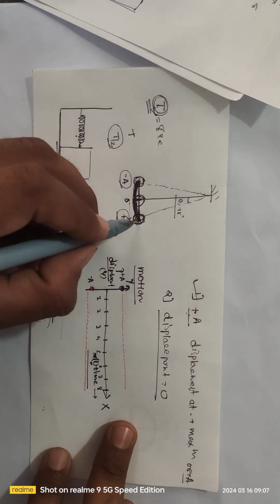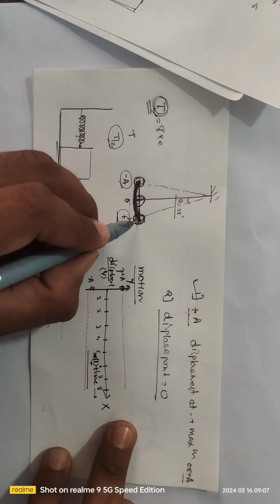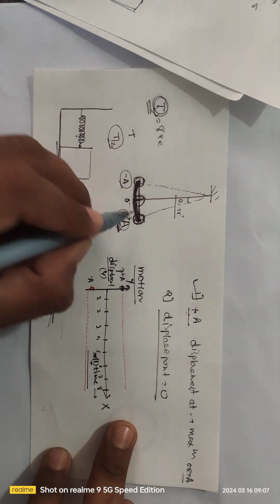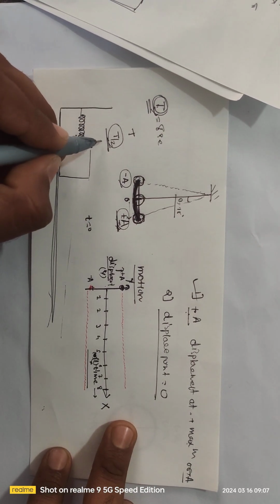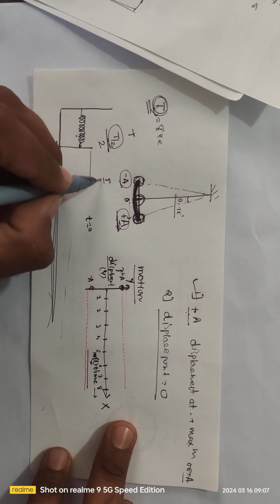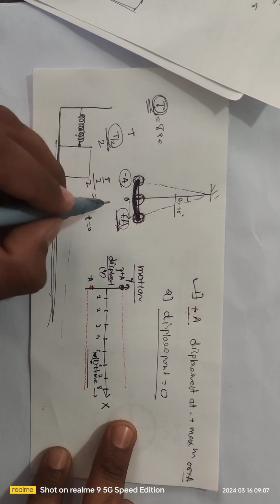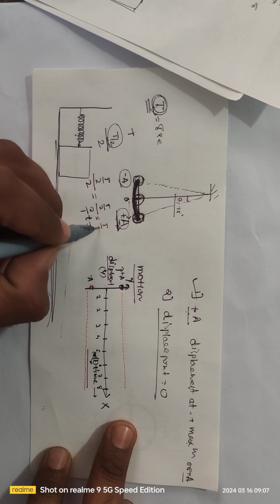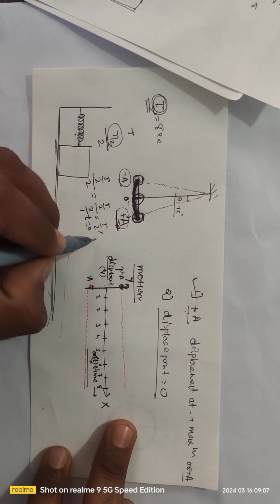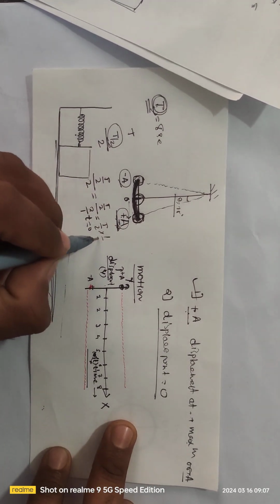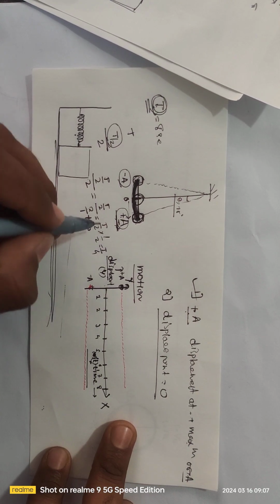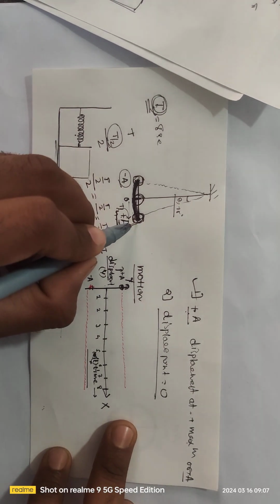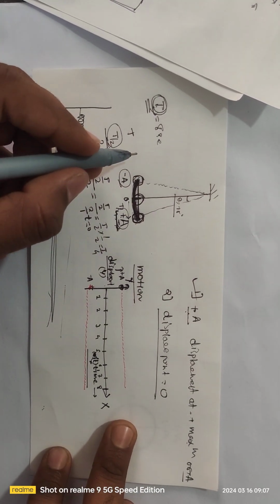When the particle first reaches the equilibrium position, it is half of T by 2, so it is T by 2 divided by 2, which is T by 4. So at the time T by 4 the particle will be at the equilibrium position.